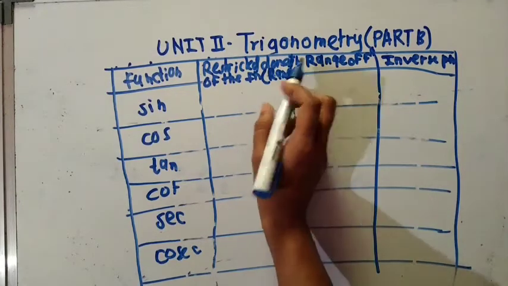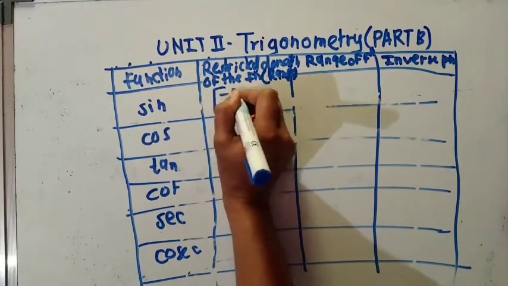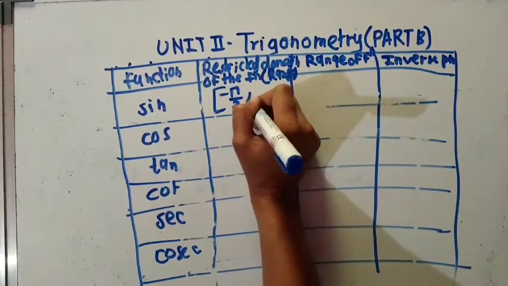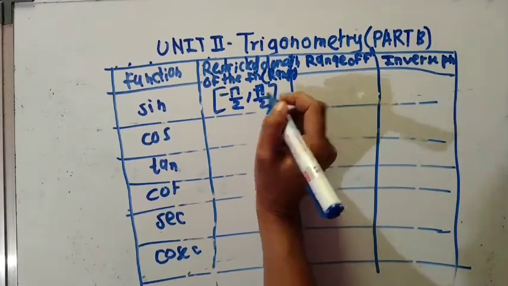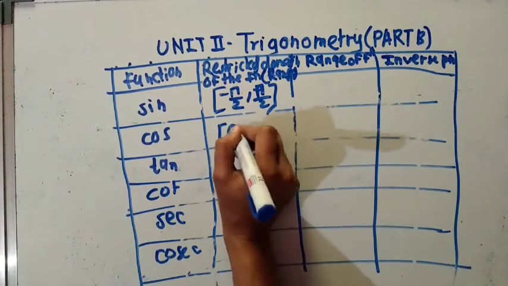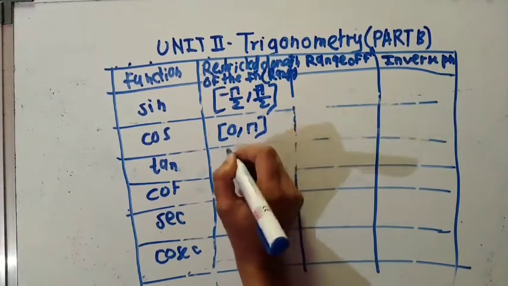So the restricted domain for sine is minus pi upon 2 to plus pi upon 2, and for cos it is 0 to pi.